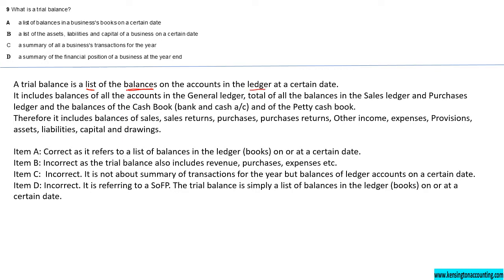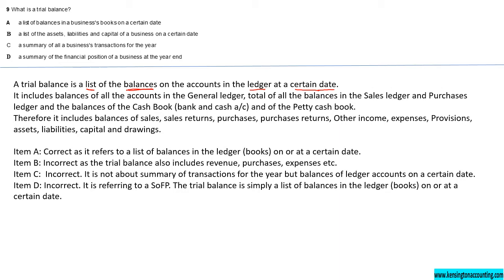The ledger refers both to the general ledger and the subsidiary ledgers, that is the sales ledger and the purchase ledger, and fourth, it refers to a certain or particular date. So this is the definition of a trial balance. We're talking about a list of balances in the ledger at a certain date.